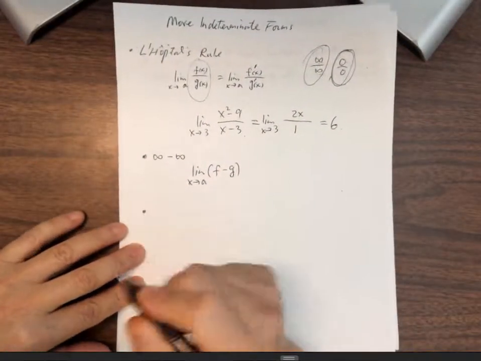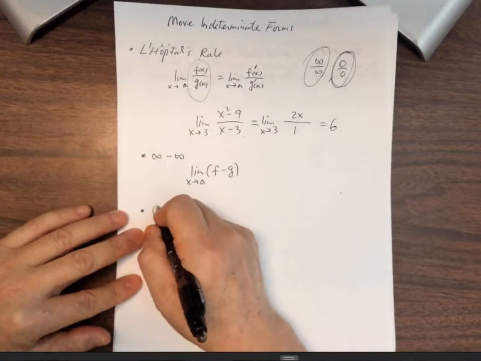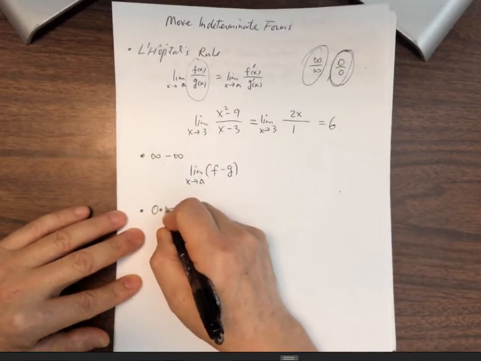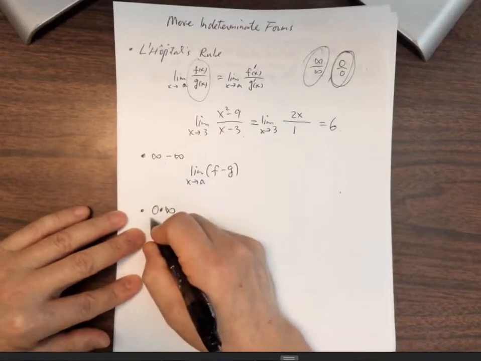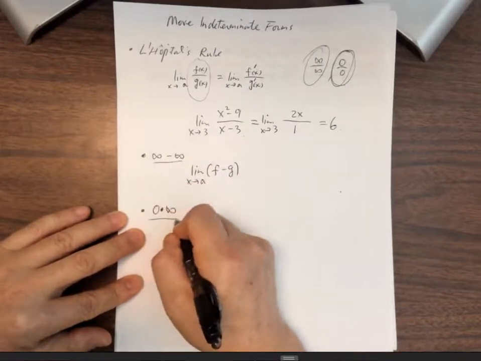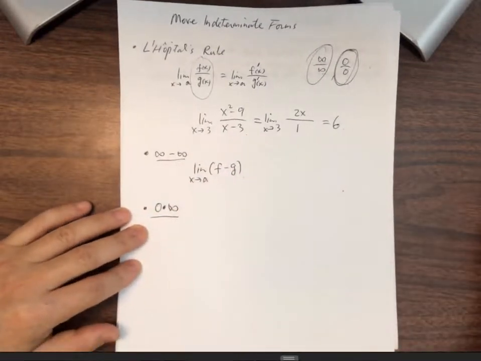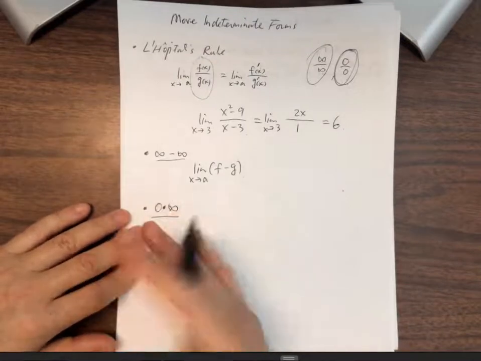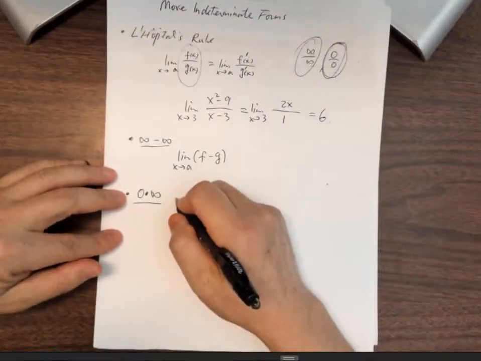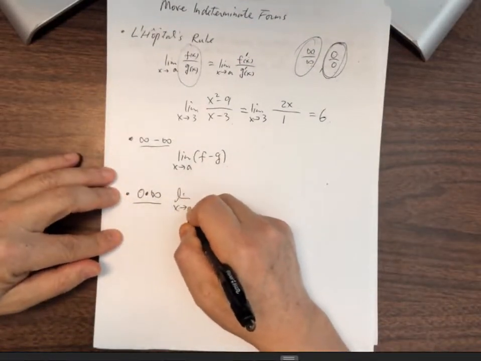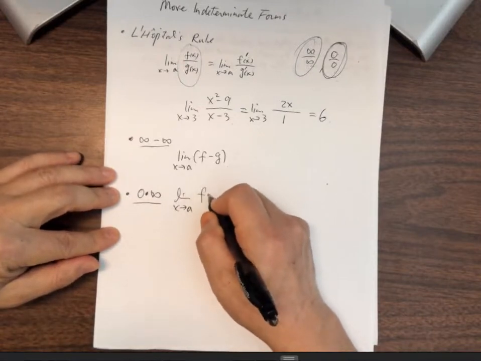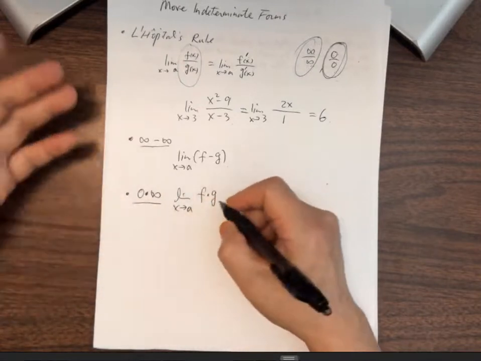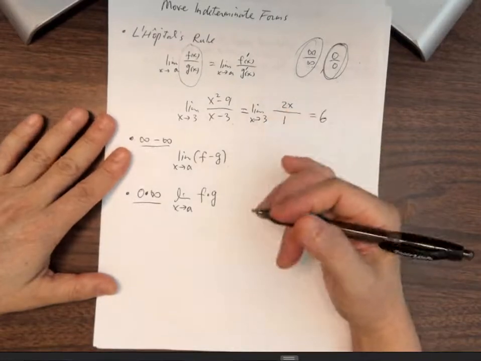Next, we discuss the product form. It's a product. 0 times infinity could be infinity times 0. Switch, it's the same thing. So what we're saying is there may be f times g, one of them approaching infinity, the other one approaching 0.